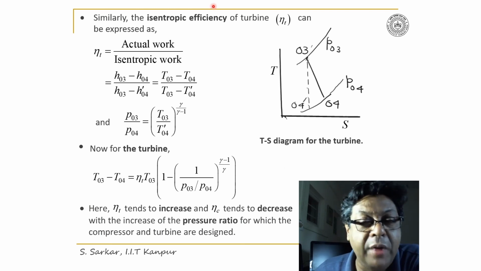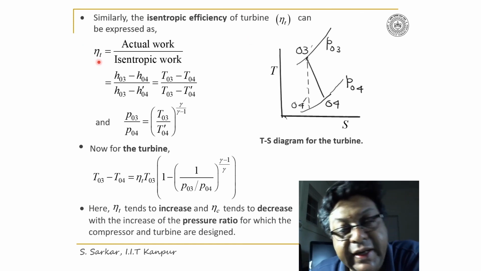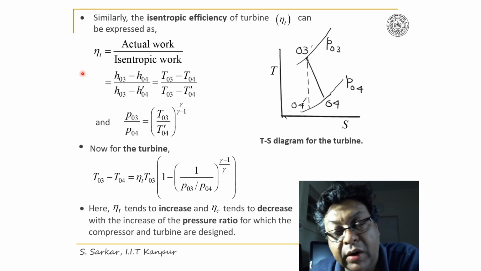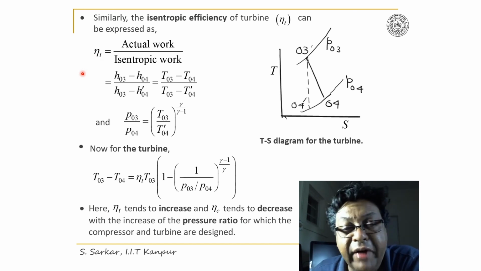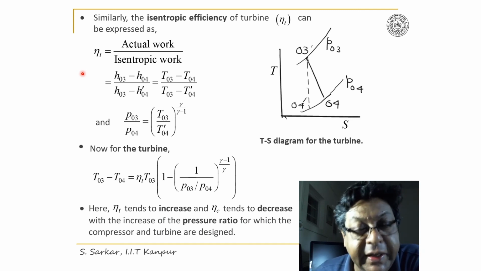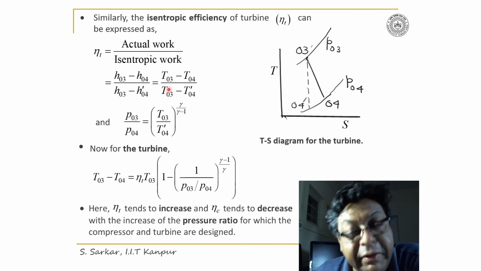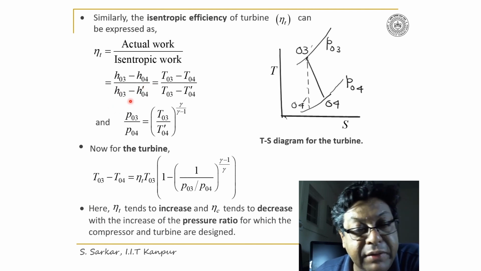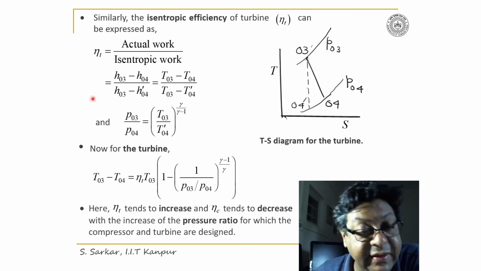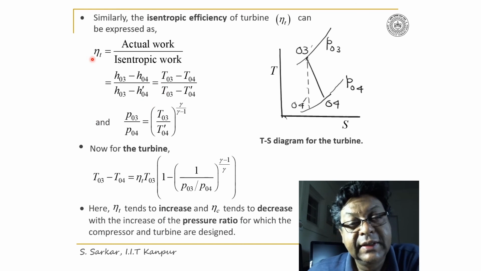Therefore, the isentropic efficiency for a turbine I can define now, eta T is equal to the actual work divided by isentropic work. That could be related to h03 minus h04 divided by h03 minus h04 dash, h being the enthalpy.